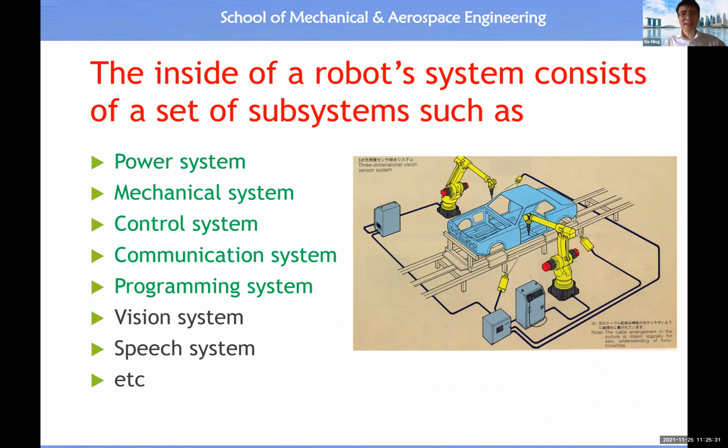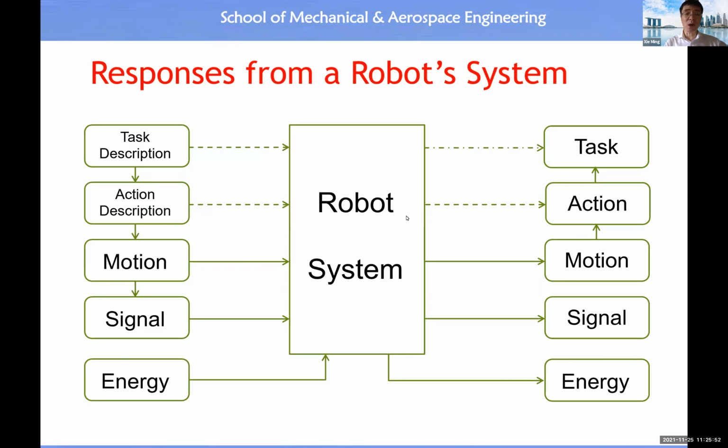So in general, now you understand that a robot system will normally include many subsystems. Use this as an example. This robot must take energy as an input. Therefore there must be a power system, because without power, without energy, there is no signal. Without the signal, there is no motion.